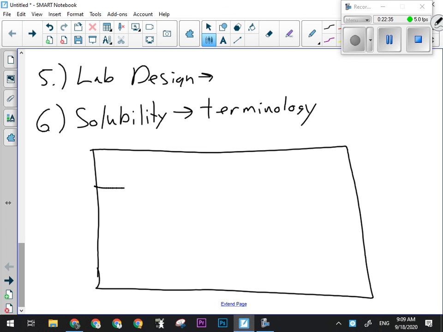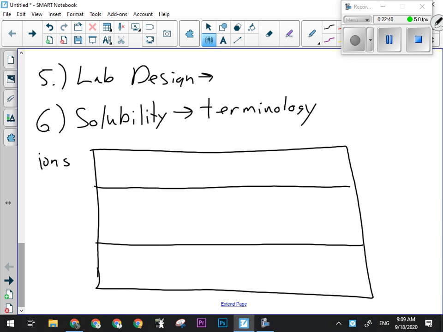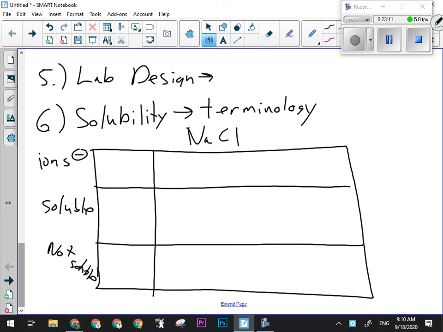Your solubility chart has 3 rows. The top row has the ions, the negatively charged ones, essentially the non-metals or the polyatomic ions that we're dealing with, and then there's the soluble row and the not soluble row. So if I give you this compound here, let's say, an easy one, I say, is this compound soluble or not?